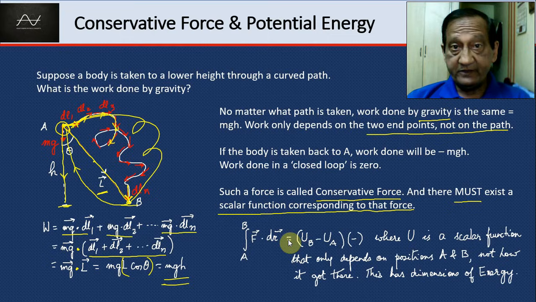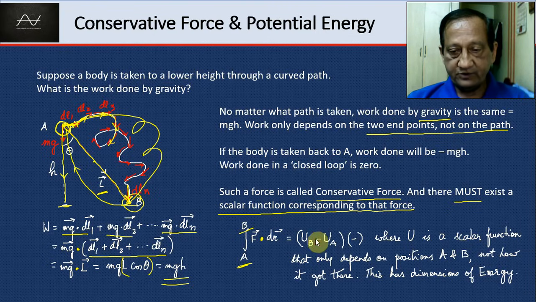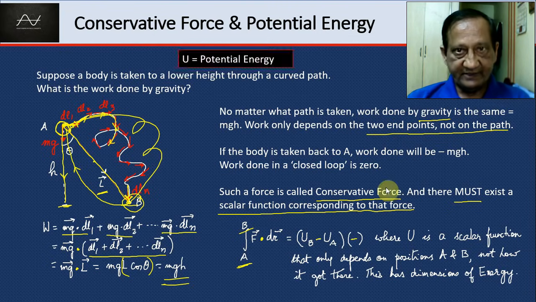Since it is independent of the path, the work done is the integral of F dot dr from some position A to some position B. The path is not important. Then I can assign a unique value of that scalar function at A and at B. And this turns out to be Ub minus Ua with a minus sign, and U is the potential energy.